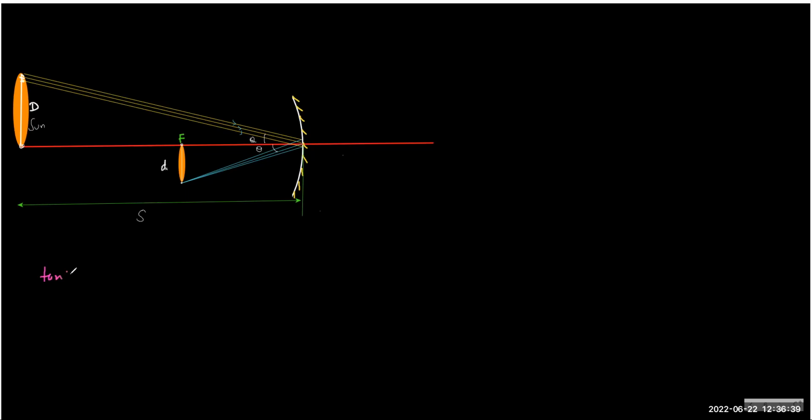Because that's very easy. Or you can write just theta, and you can take this as the arc length, the size of the image of the sun and the actual size of the sun. You can take as arc length. So d upon s, I hope you can understand, is same as small d upon f. Do you realize this?